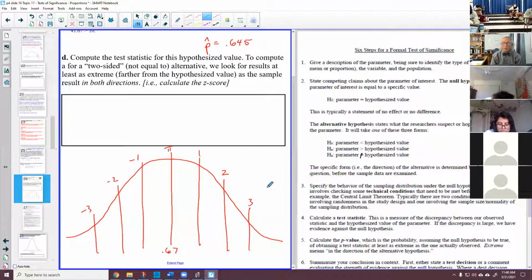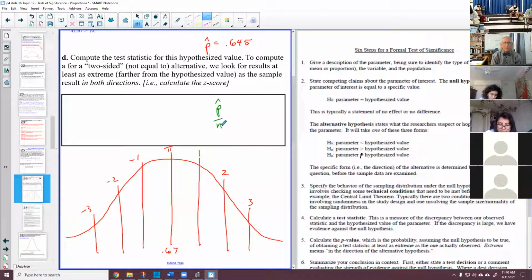So look at your formula sheet there. Would it be p hat over n? You're getting kind of close, but not quite.